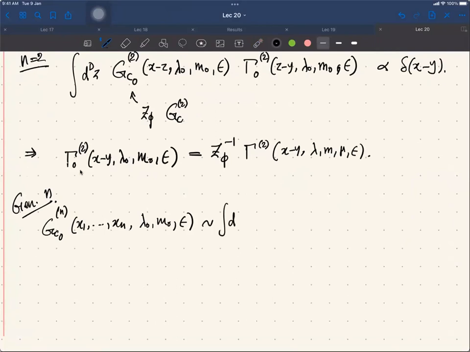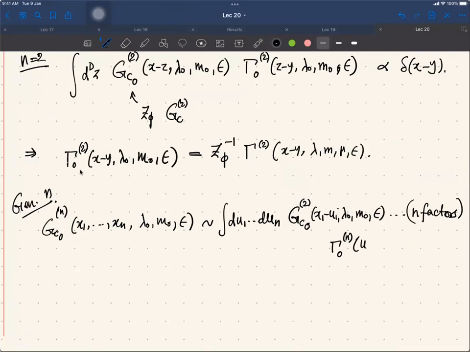The first term in that is the integral du1 to dun of G connected bare 2-point functions (x1 minus u1, lambda 0, m0, epsilon) and so on. There are n factors like 2-point factors, and then gamma n bare (u1 to un, lambda 0, m0, epsilon).